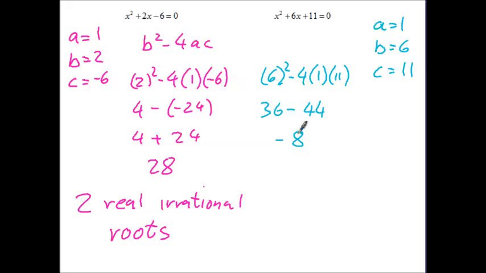And that means that in this case we're going to have two complex roots. Two complex roots, and yet again that means that our parabola will not cross the x-axis.